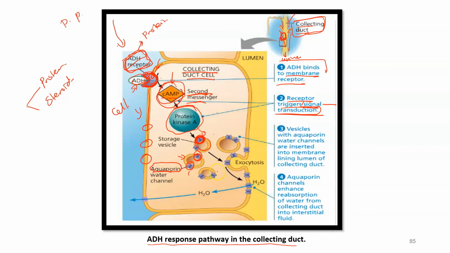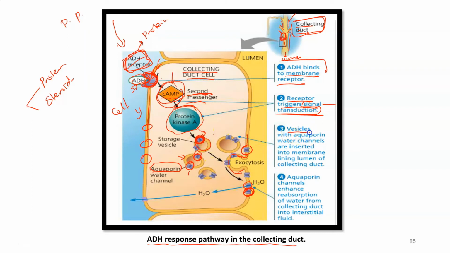These secretory vesicles will fuse with the membrane of the cell, and when they fuse, the aquaporin will become part of the cell membrane. This is how aquaporin is added to the membrane of the collecting ducts through signal transduction.